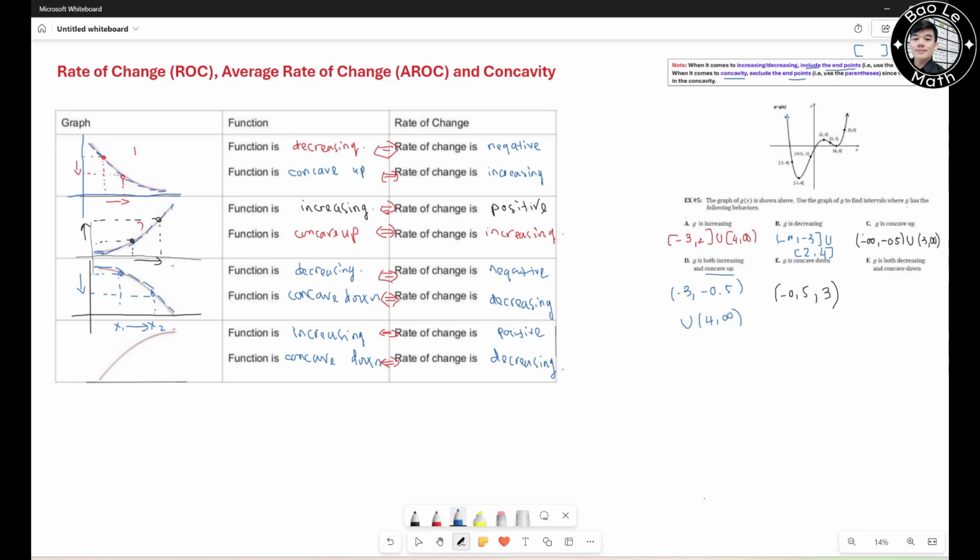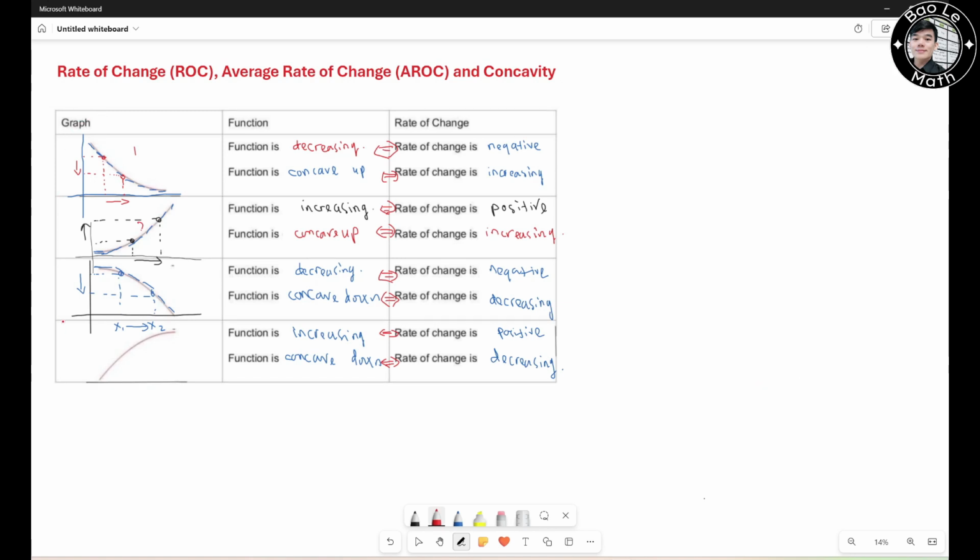Okay, so decreasing, which means this guy right here, this guy right here. Okay, and concave down. So this guy concave up, this guy right here concave down. So concave down is going to be from here to here only, because this guy right here is concave up. So it's going to be from 2, 3.